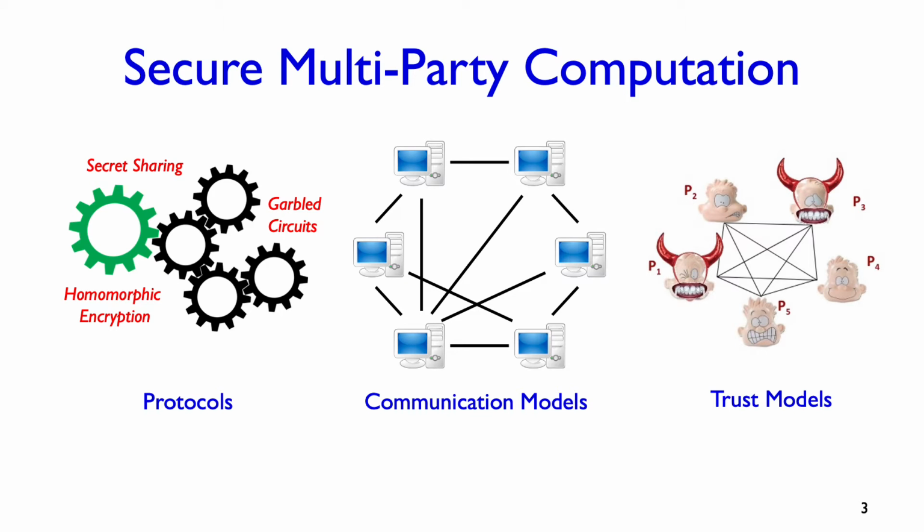There are many different secure MPC protocols, and they are based on cryptographic techniques such as secret sharing, homomorphic encryption, and garbled circuits. Each protocol requires the parties to obey a particular communication model. For example, client-server model, where there are only two parties. Different application settings and protocols together may have different trust models of the parties.